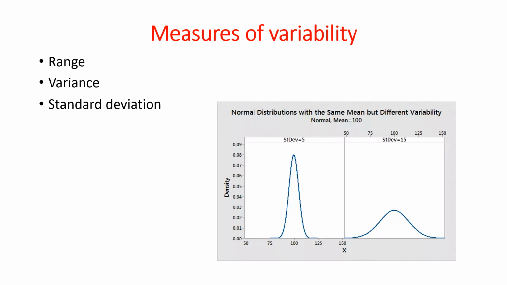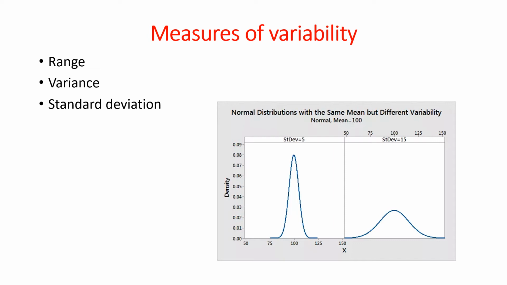The graph on the left, it seems that the data is highly clustered and there is not too much dispersion or variability in the data set. However, the one on the right, you can easily see that although the mean is 100, the data is highly distributed, and we have a lot of dispersion in the data.